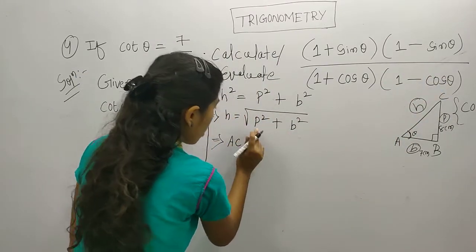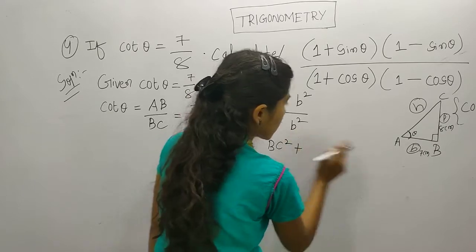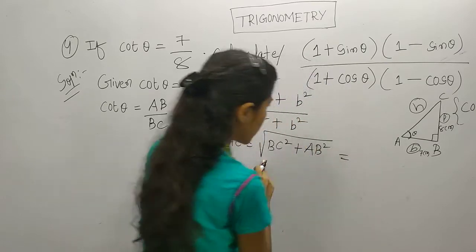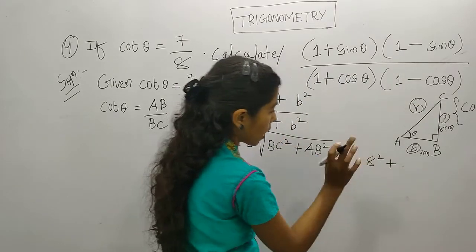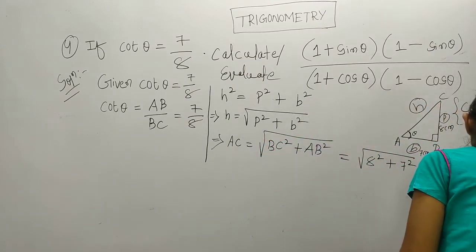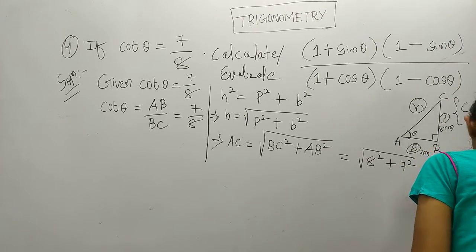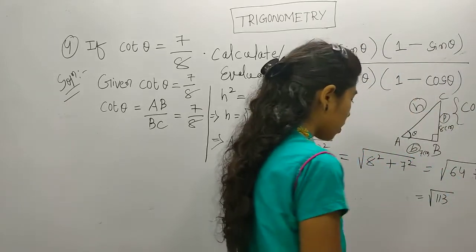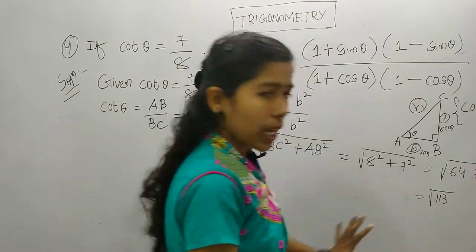AC equals root of perpendicular BC square plus base AB square. BC is given as 8, 8 square, plus AB is 7, 7 square, under root. So 8 square is 64 plus 7 square is 49. So 9 plus 4 is 13, 6 plus 4 is 10, 1 is 11. So root 113. Don't think that root 113 has no roots, so it can be like that.